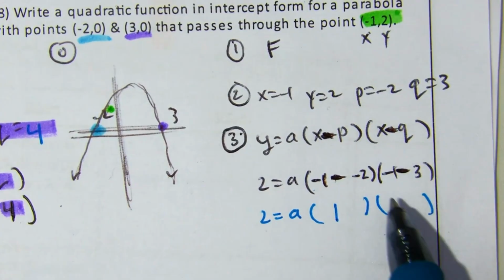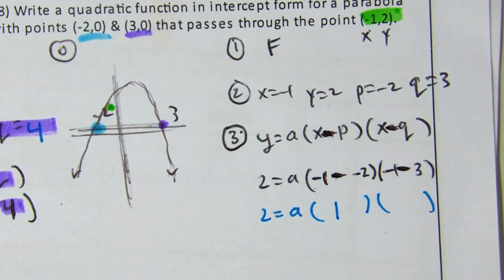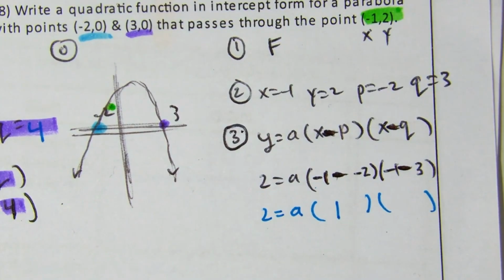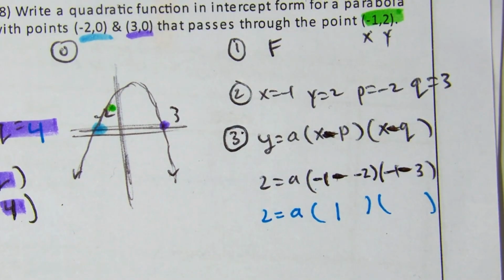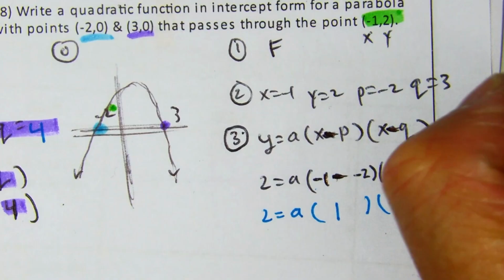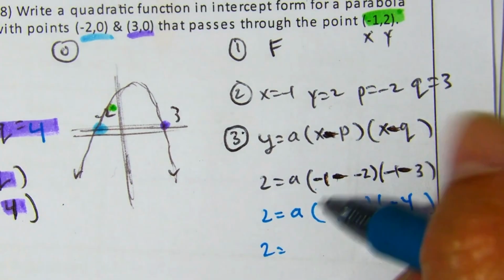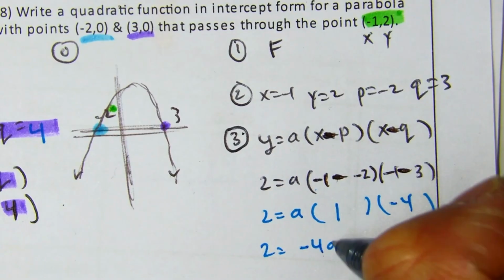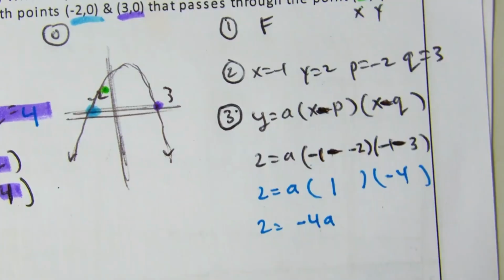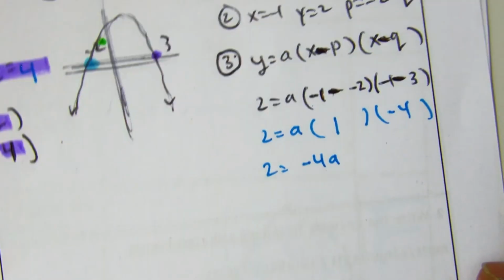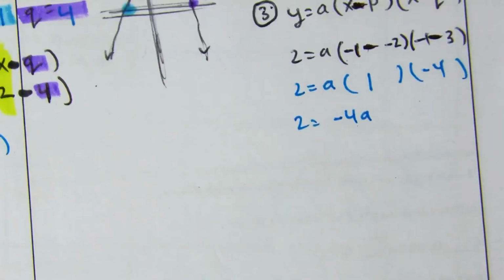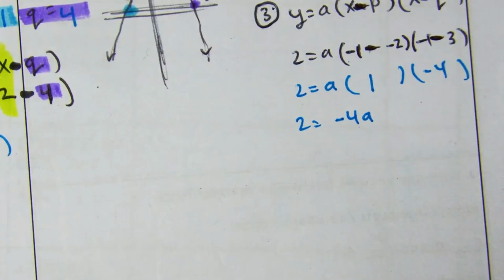Elizabeth, -1 minus 3. Good. One times -4 is just -4. Uh-oh. The scariest costume. Fractions.